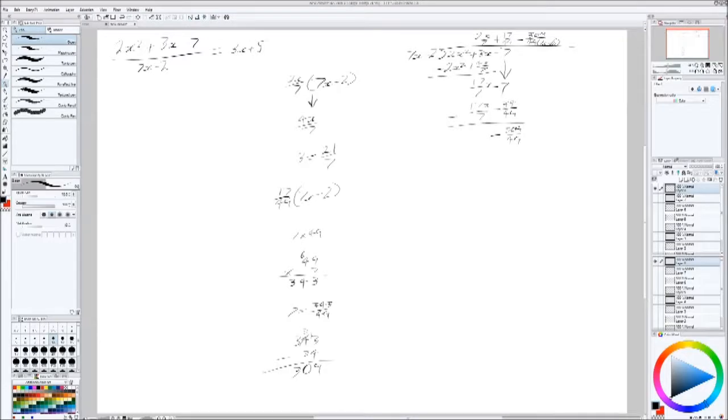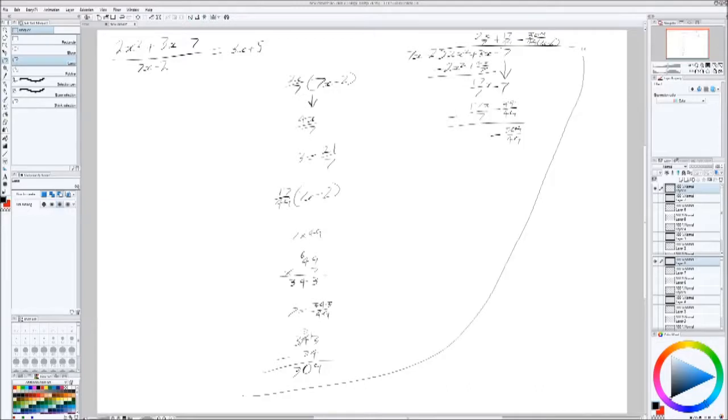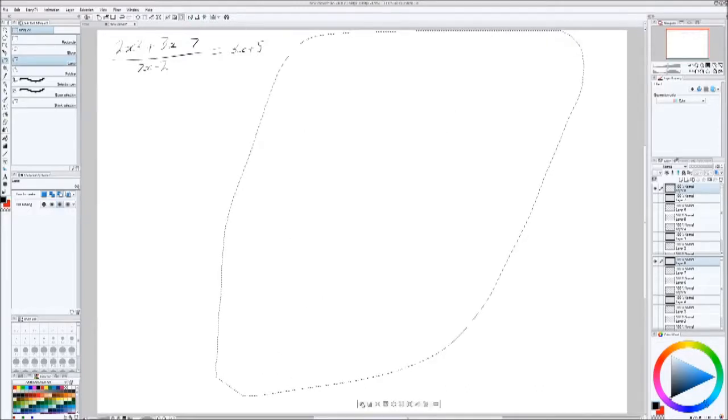I'm not going to use that because the final value is frankly horrendous. So we're going to get rid of that.